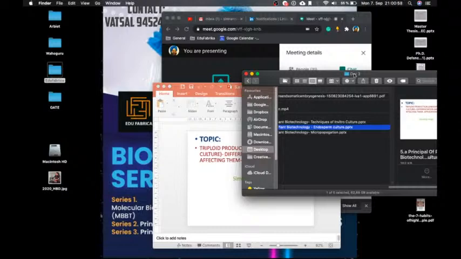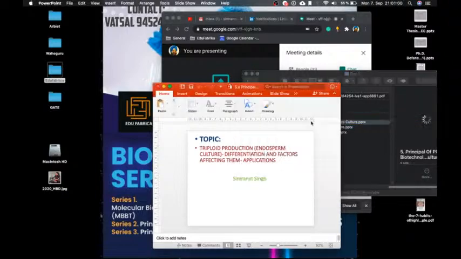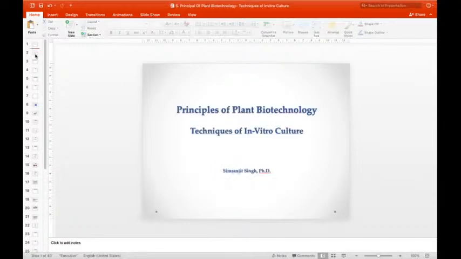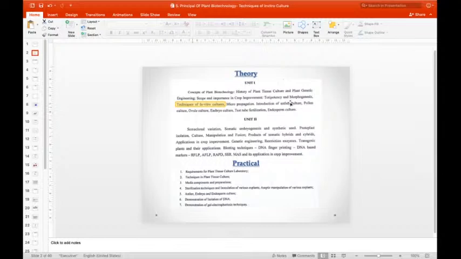So from your syllabus of plant biotechnology, we have covered most of the cultures. Only the last two are left, that is test tube fertilization and endosperm culture.